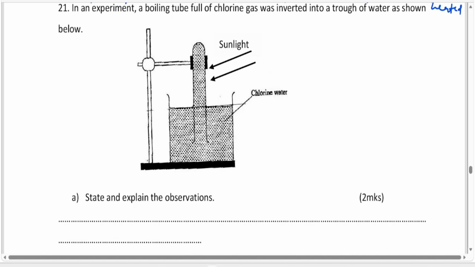This chlorine water contains hypochlorous acid, which is affected by light, so it decomposes in the presence of light, producing oxygen. That oxygen leads to water in the beaker rising up and water in the boiling tube dropping to accommodate that gas. Therefore, the observation that we make is the level of water in the boiling tube reduces.